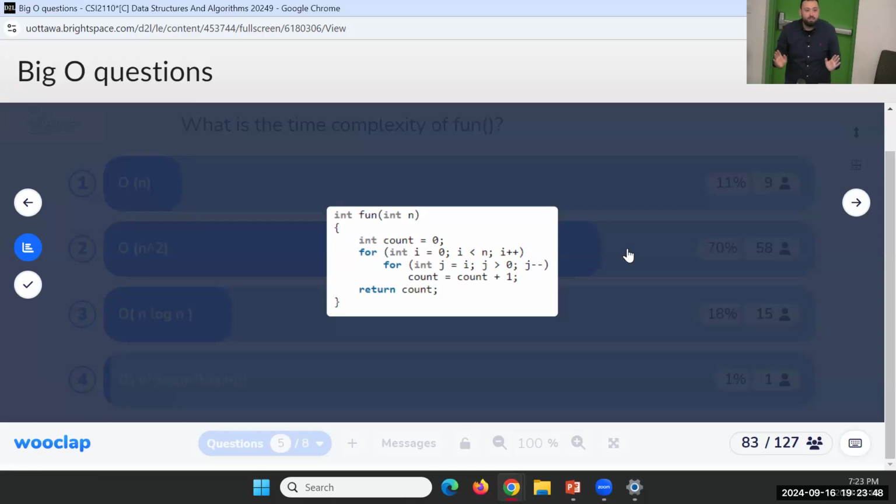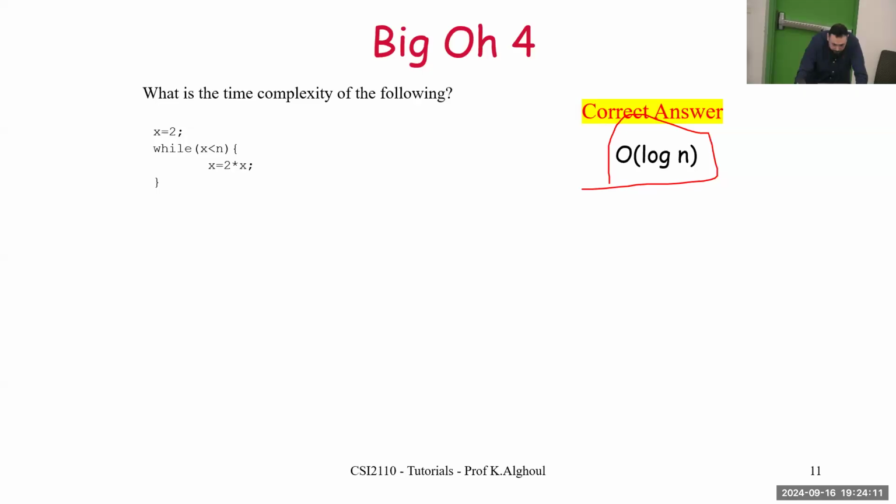But it's not going to be as clear as this every time. So whenever we see something called a dependent nested loop, we're going to use the table method. So this is called a dependent nested loop. Why is it dependent, Riley? Exactly, because j equal i. So let's look at it here.